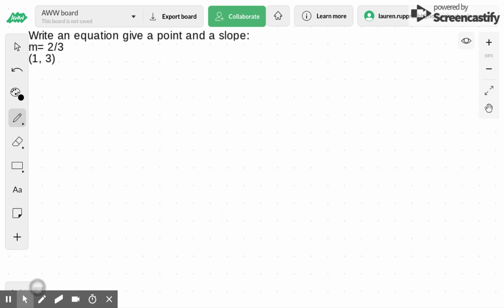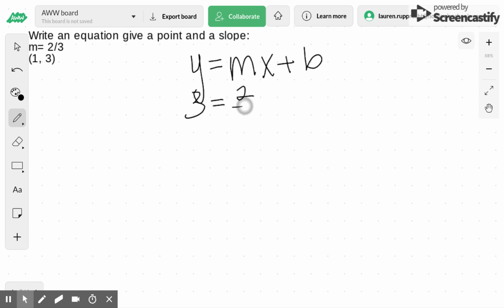Okay, last example. I'm going to give you a couple seconds to try to finish this and figure out what the equation is, given that your slope is 2/3 and the point is (1, 3). So I have y equals mx plus b. y is 3. m is 2/3. x is 1. And b stays the same.